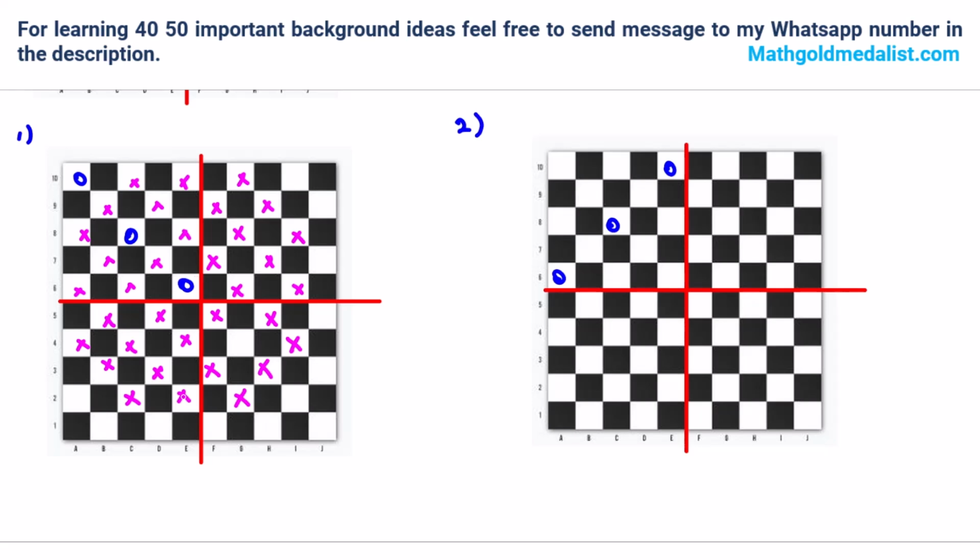Okay, now let's see what happens in this case. Do you agree here? How many knights can we select at most? 2. And if you want to select 2, we cannot select 3 because if you want to select 3, we have to select the mid one, right? Now, do you agree here?